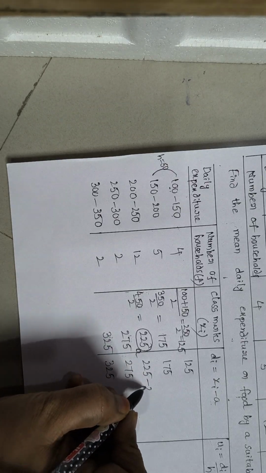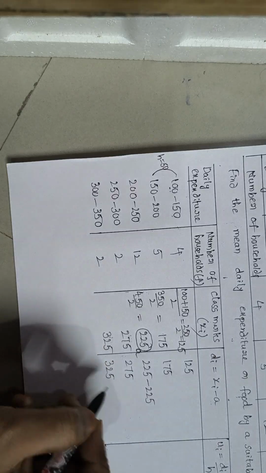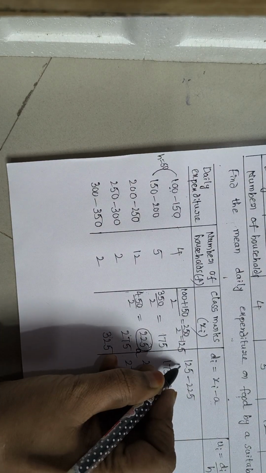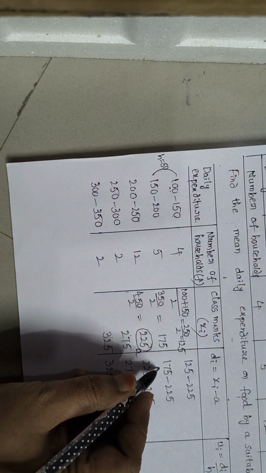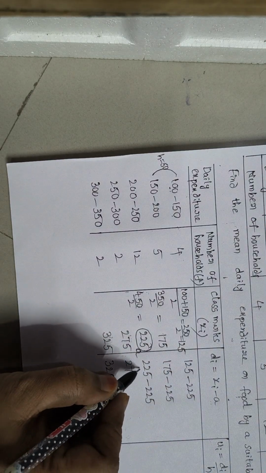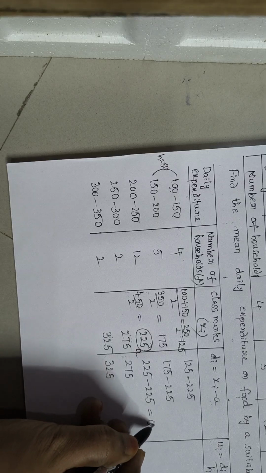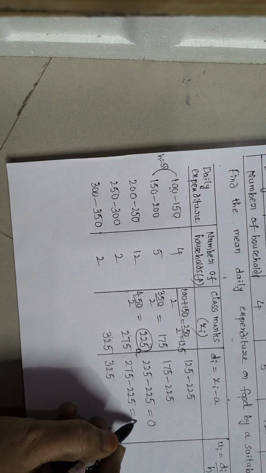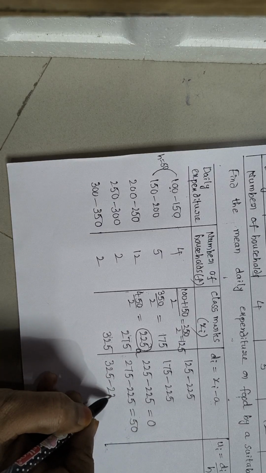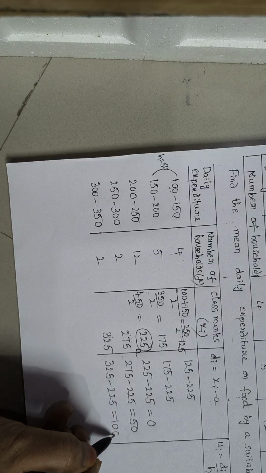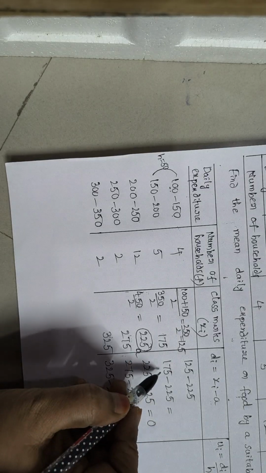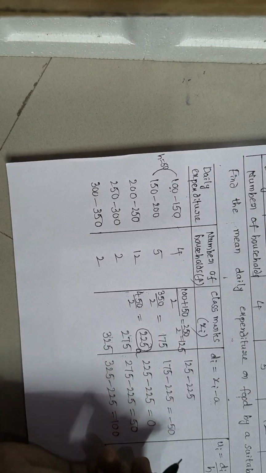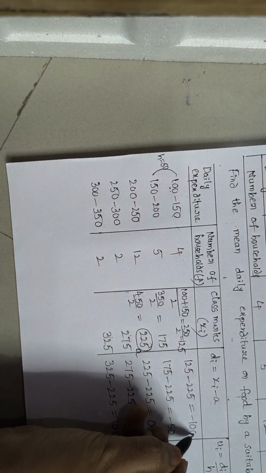Subtract 225 from all these values. 125 minus 225, 175 minus 225, 225 minus 225, which is equal to 0. 275 minus 225, which is equal to 50. 325 minus 225, which is equal to 100. Here 175 minus 225, which is minus 50, and here minus 100.